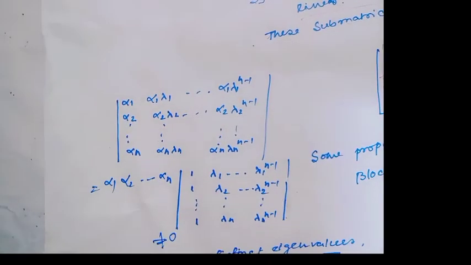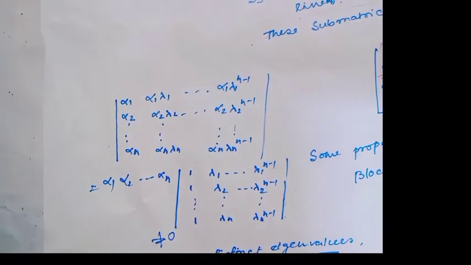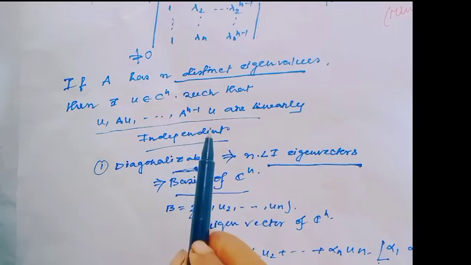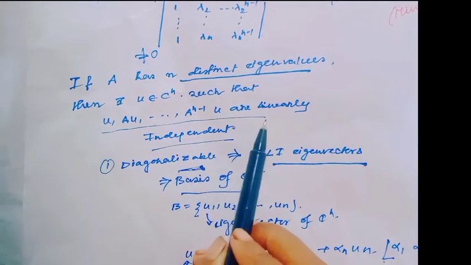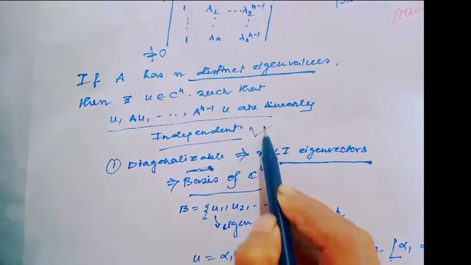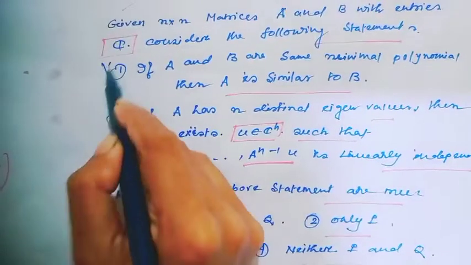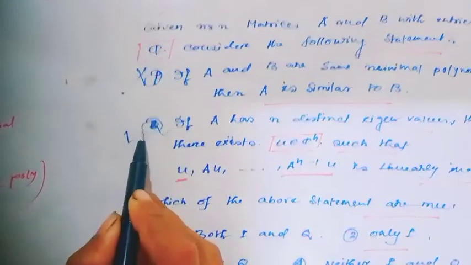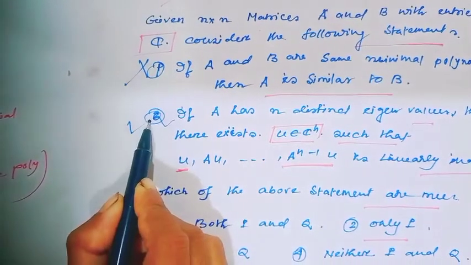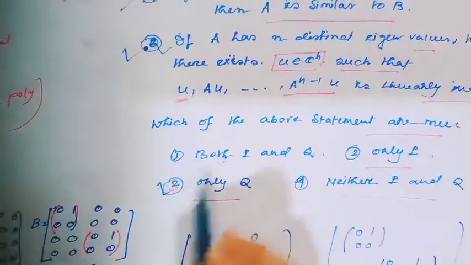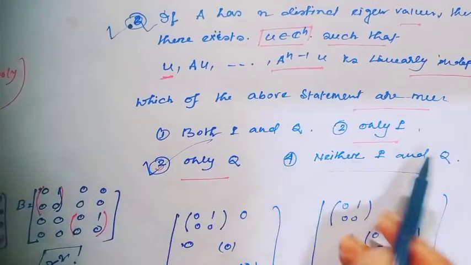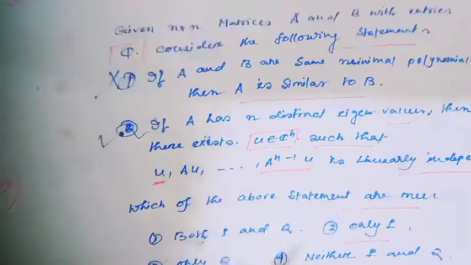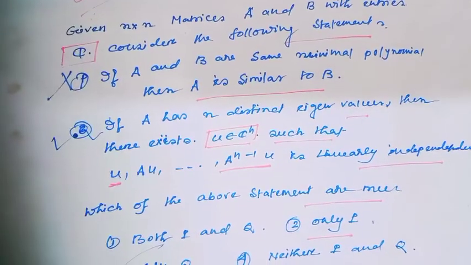And since the determinant is not equal to 0, obviously u up to A to the power n minus 1 u are linearly independent. Have you understood? Option 1 is a wrong option and option 2 is the right option. Here would be P and here would be Q. So only Q would be true and P is the wrong option. Have you understood this question? This is a very basic question, just conceptual.